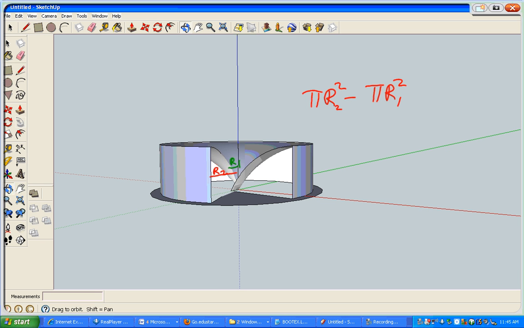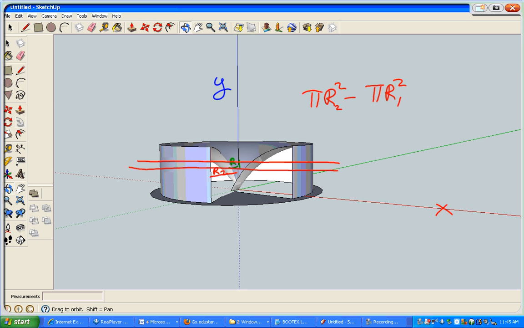If I'm making my slices, am I slicing this along the Y or the X? Sure.